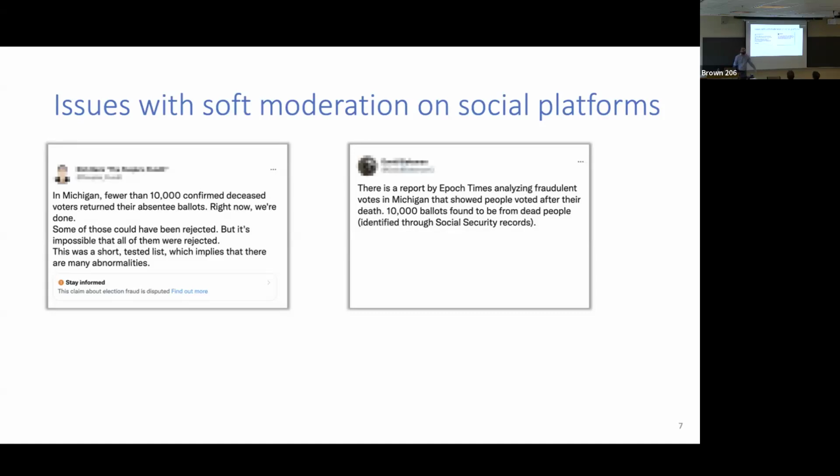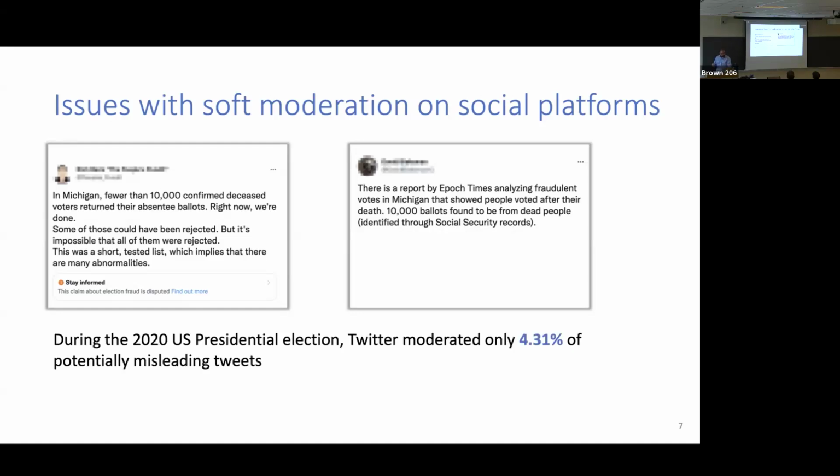But then a nearly identical tweet, or at least a topical tweet, did not. In fact, in our research, we found that only 4% of potentially misleading tweets of confirmed debunked facts about the 2020 election were actually moderated.